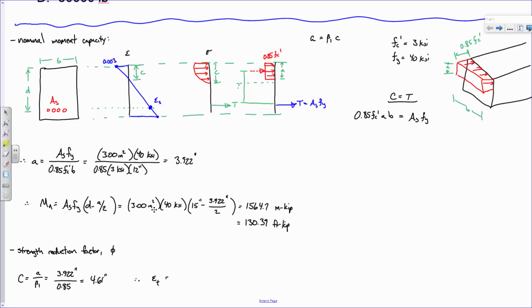Now, does anybody remember how to find the strain in the steel? There's a formula, but let's say you forgot the formula. You can just use similar triangles. Remember, 0.003 is to that as this is to that.